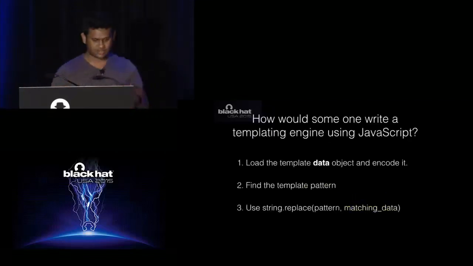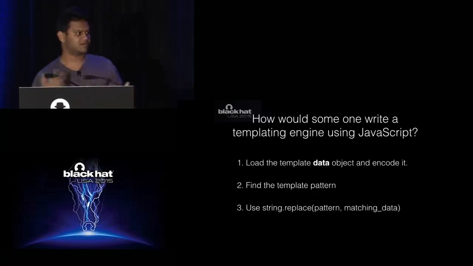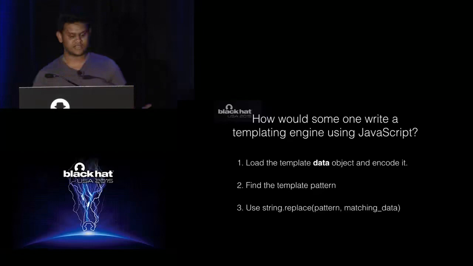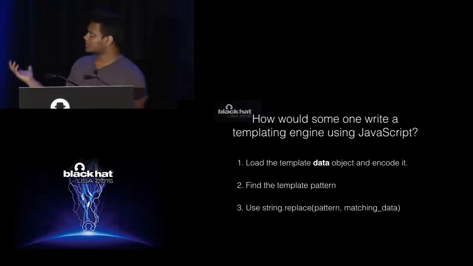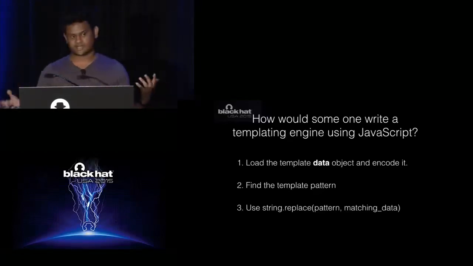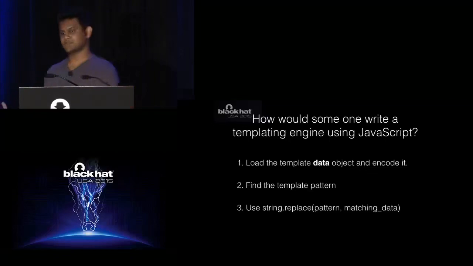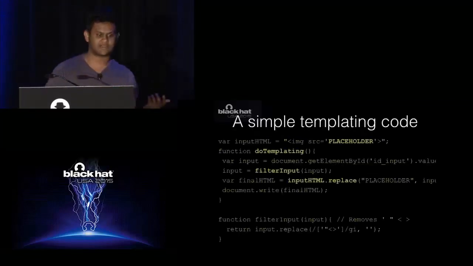If you are a templating engine developer trying to do that in JavaScript on the front end, the natural way would be to load the template data object, do all the filtering and encoding, then find your templating language's pattern, and do a simple string.replace of the pattern and the matching data.